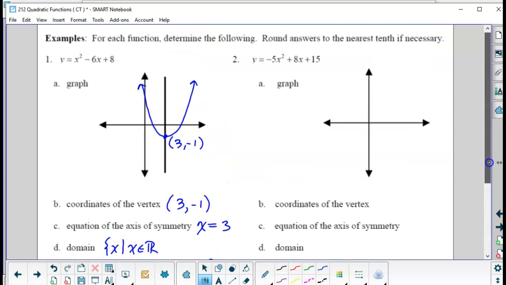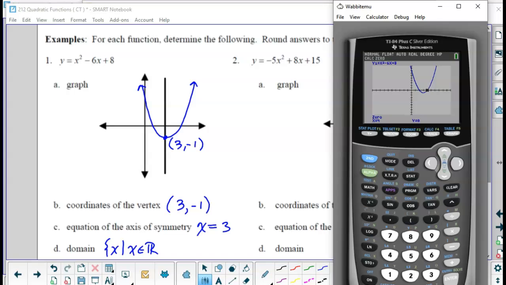All right, next one. Clear off that one. Negative 5x squared plus 8x plus 15. Graph that. Standard window, let's see if we can see. Notice how we can't see the vertex. So I'm going to change my window. I want to go up higher for y max.